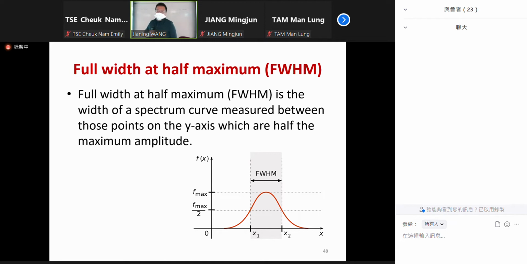This is the formal definition of the peak width at half maximum. We call it the full width at half maximum. Half maximum means half of the peak height, and this is the full width here.